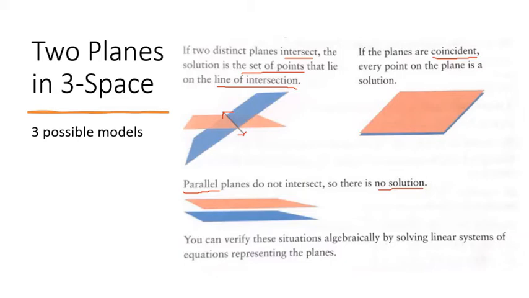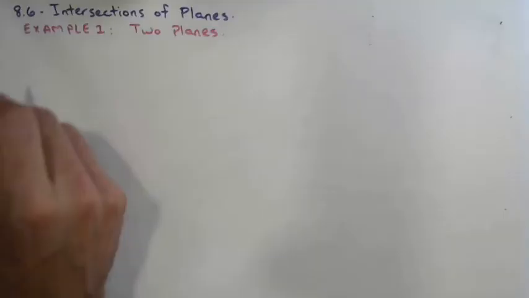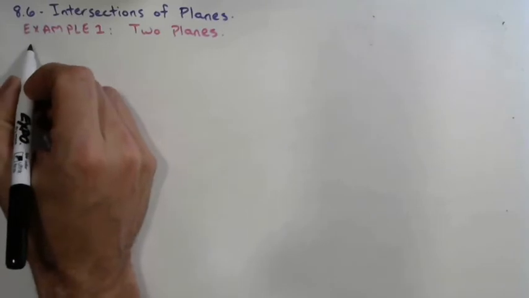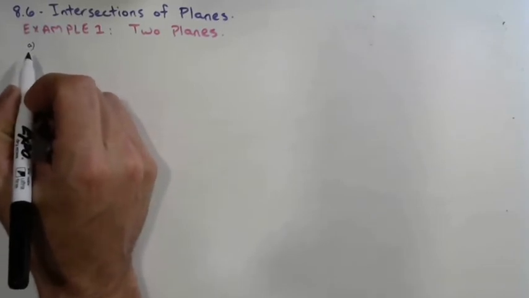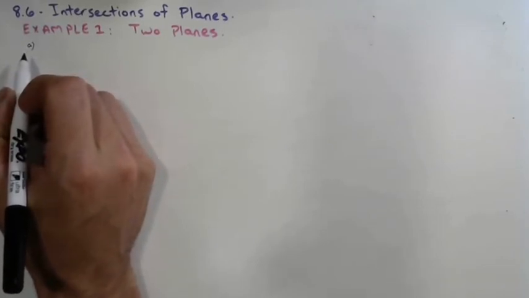And again, the next example is going to be looking at these three options, example one, and seeing how a pair of planes intersect or interact with each other. We're going to do that algebraically by solving them. So example one, we're going to describe how these planes interact with one another.